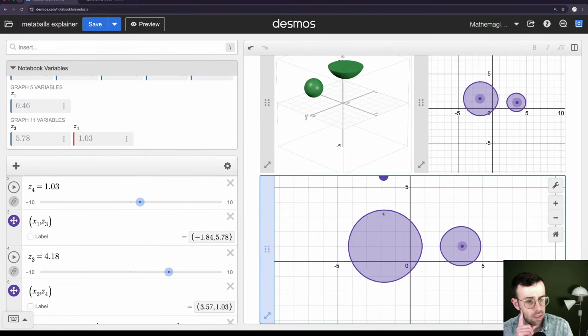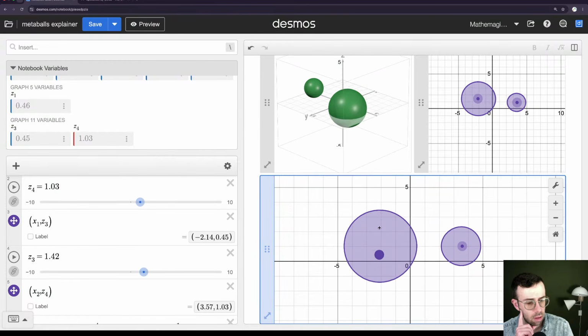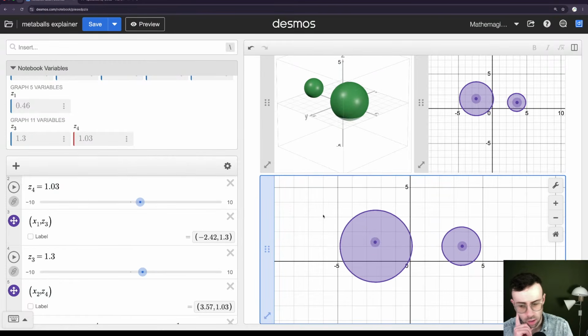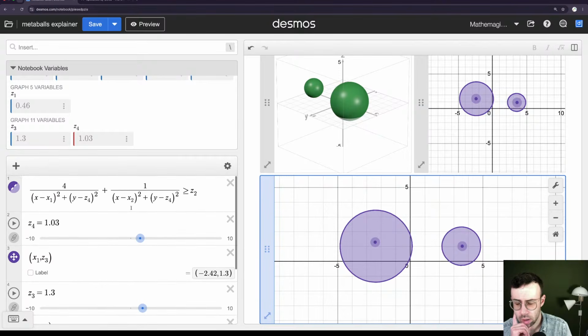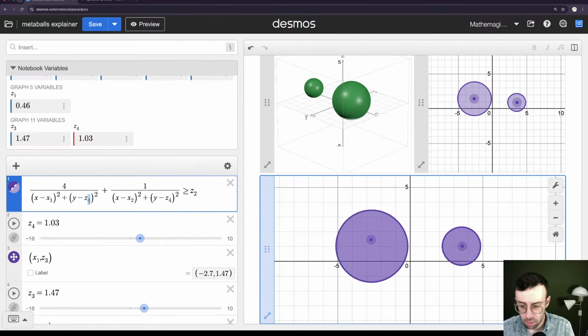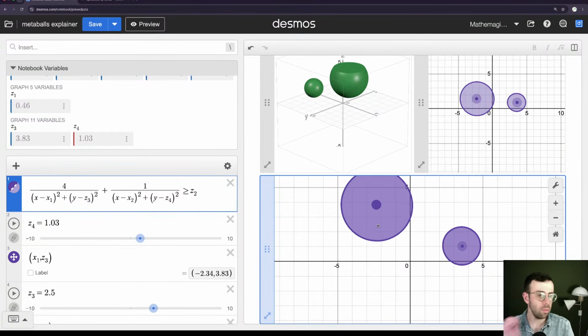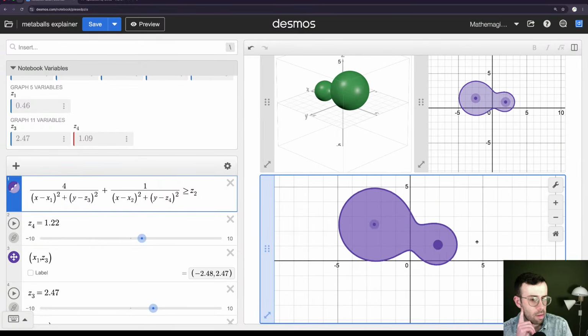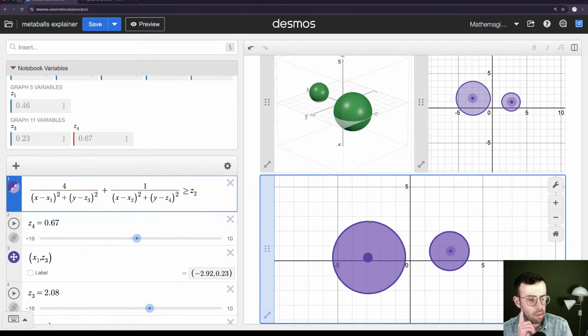So now this is making it go up and down. This isn't matching though. Oh, because I made one of them. All right, cool. Interesting.